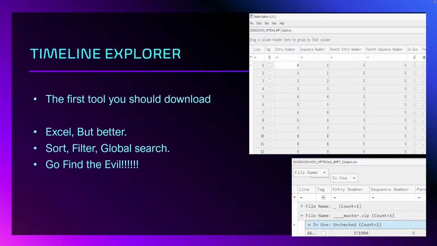Down at the bottom, this is what I like to do. It's like making pivot tables, which are great, but you can just drag and drop them. So I've got file name up top and then in use down at the bottom. I'm searching by individual file name, so we're already sorting there and seeing whether or not it was in use.